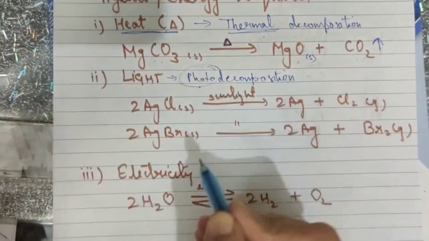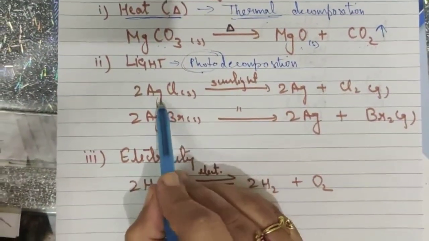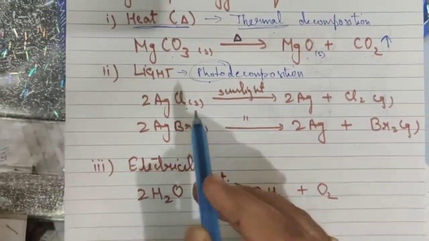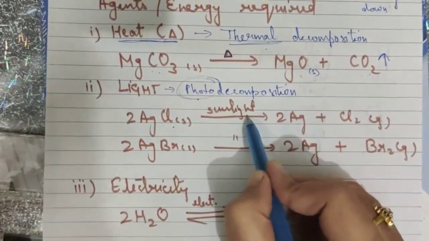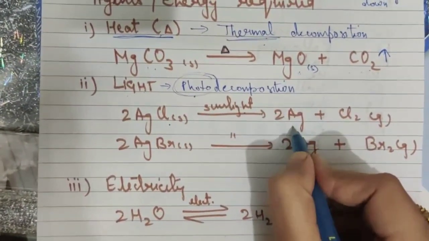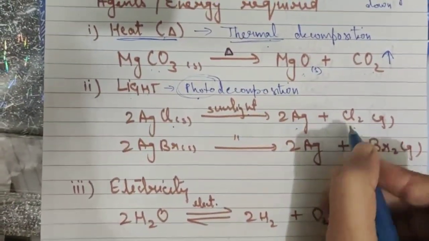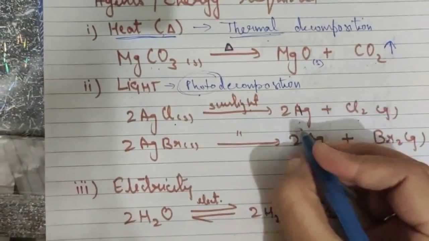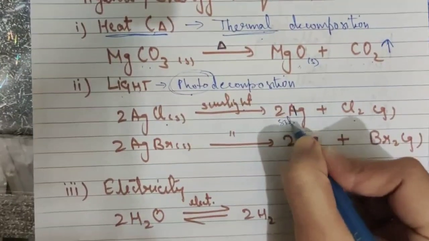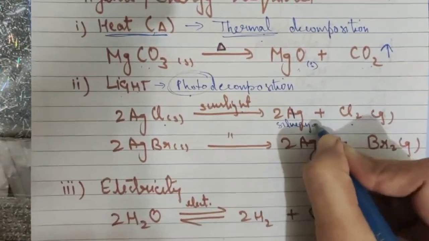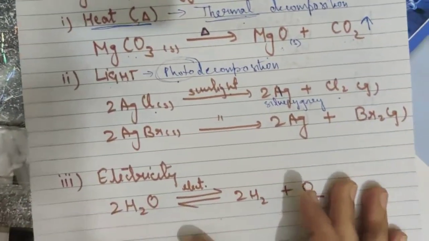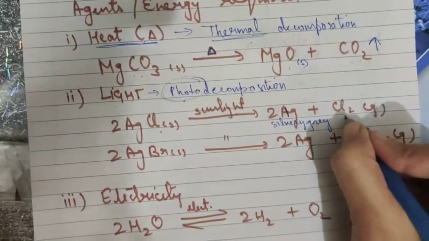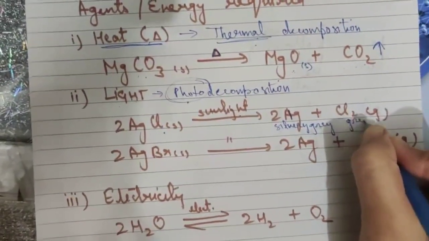What happens in this case is that AgCl dissociates in the presence of sunlight to produce Ag and chlorine gas. Ag is in the form of a silvery gray product and chlorine is a greenish yellow gas.